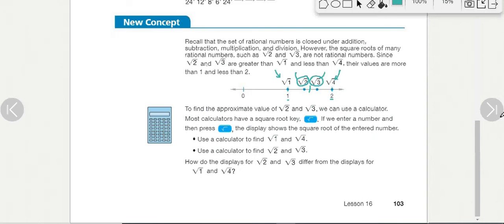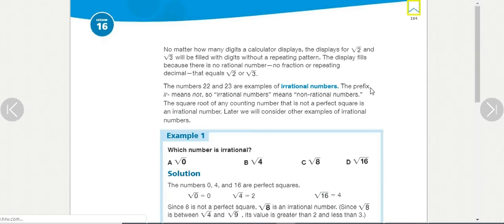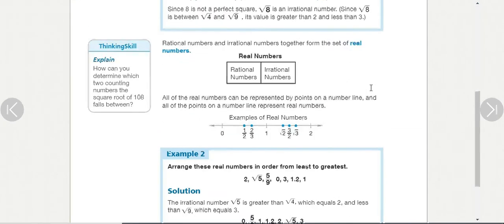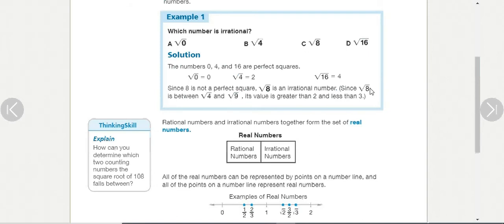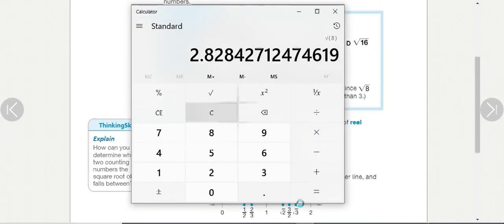Let's try using a calculator to find square root of 8. Right? Because in example 1 here, they ask which number is irrational. And if we type in square root of 8, it looks irrational. It doesn't seem to terminate or have a pattern of any kind.